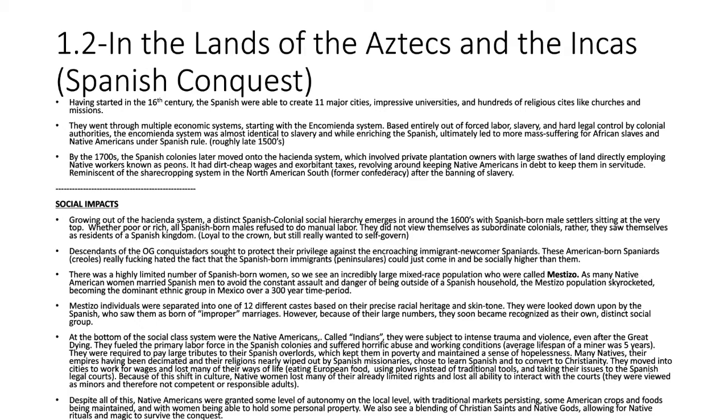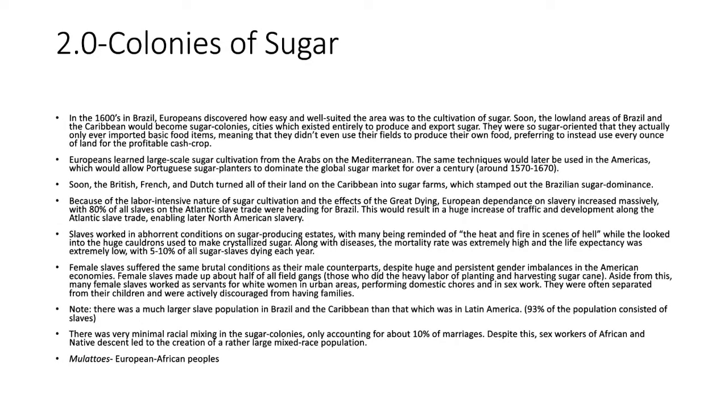Moving on to section 2.0. We are going to talk about the sugar colonies. So in Brazil in the 1600s, Europeans, particularly the Portuguese, go in and make note of the fact that there are not any huge Native American empires.